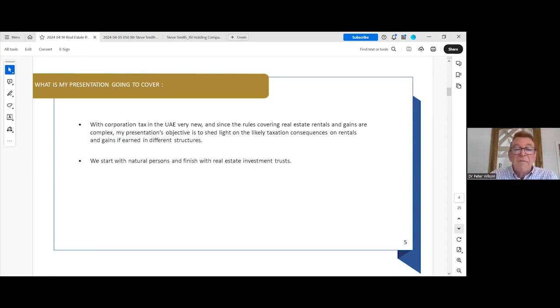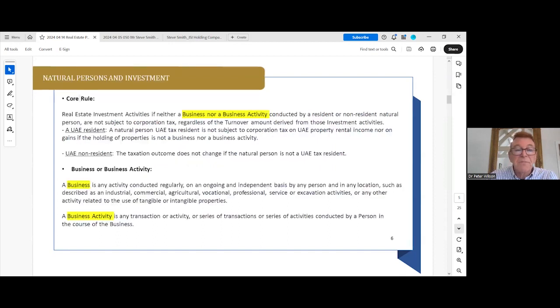So firstly, we're going to start with the position for natural persons, and we're going to end up with real estate investment trusts. So here we go. All right, so what's the core rule?